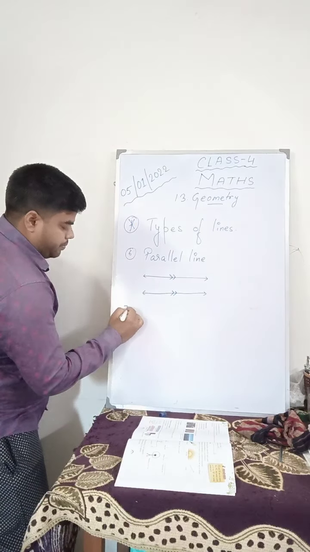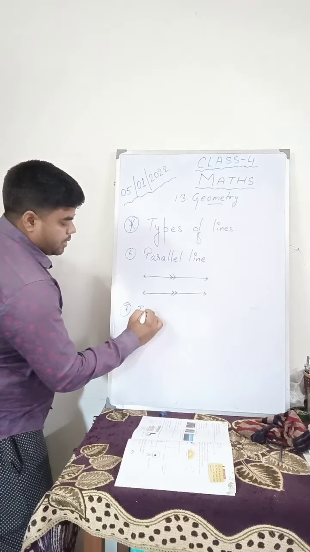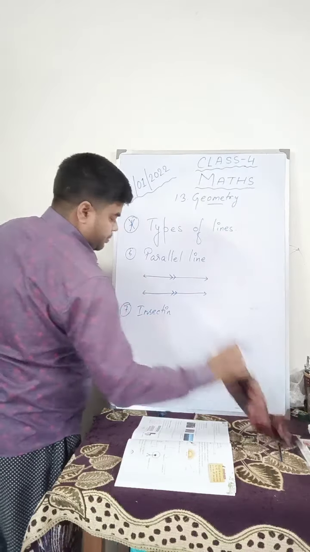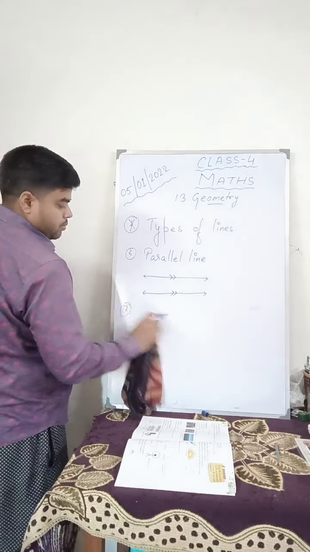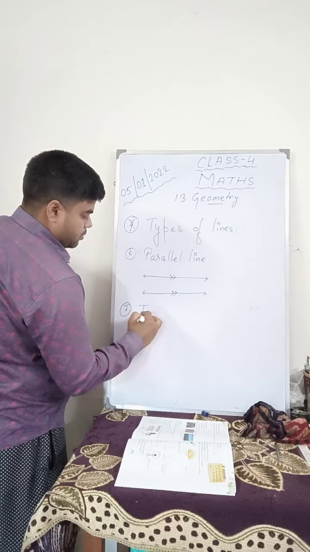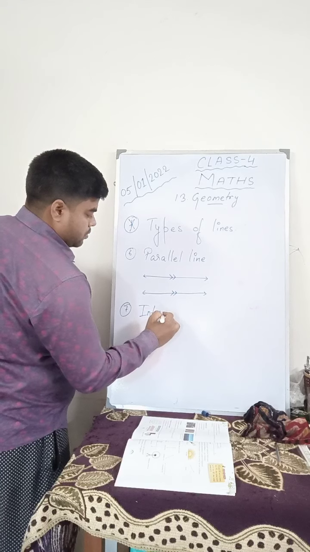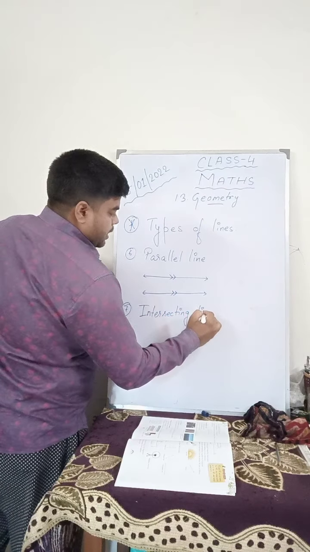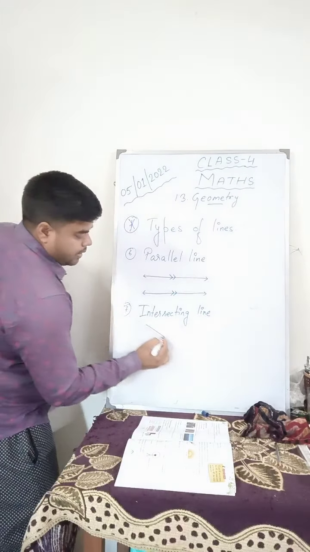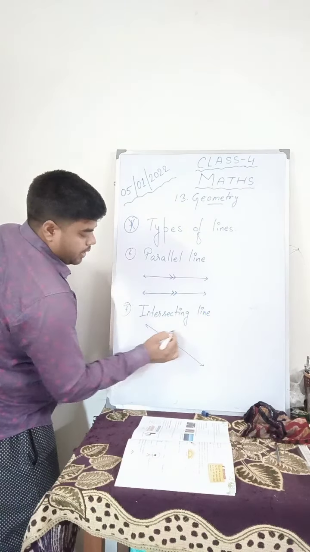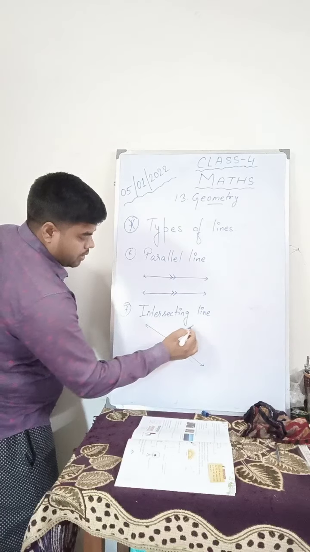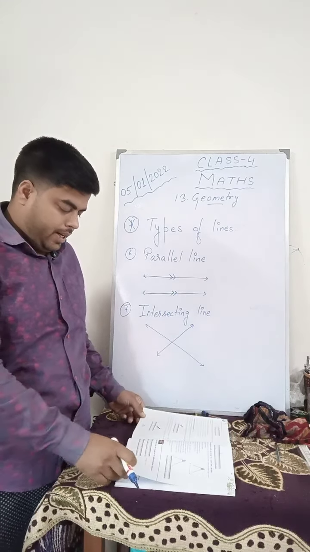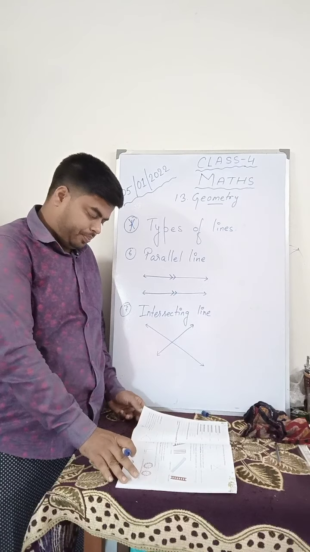Number 7, intersecting lines. Intersecting lines means lines that cut each other. Lines that cut each other are known as intersecting lines.